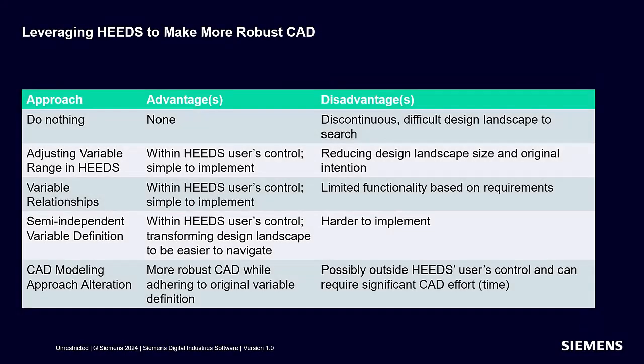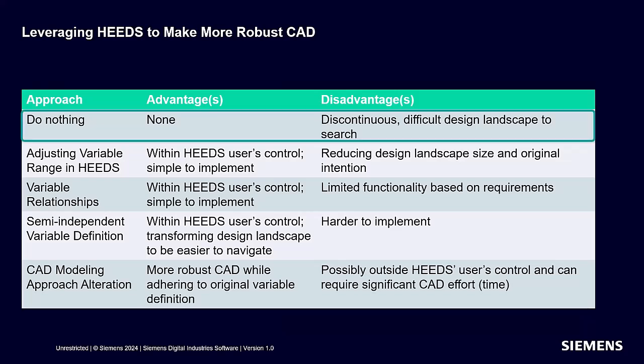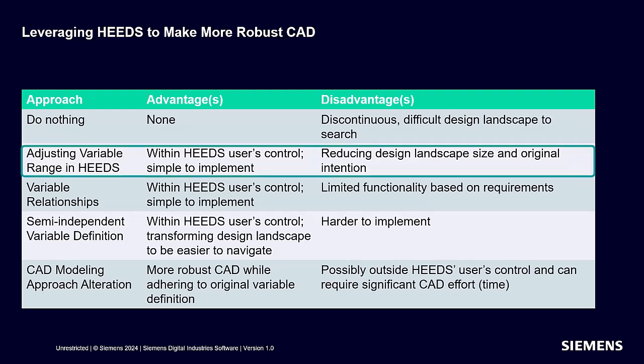There are various options available to make your CAD more robust. You could do nothing, resulting in a discontinuous, difficult design landscape to search from an optimization perspective, additionally limiting your potential for rapid CAD changes manually. You can take the easy approach of altering variable ranges in HEADS. This approach is within the HEADS user's control and is easy to implement.